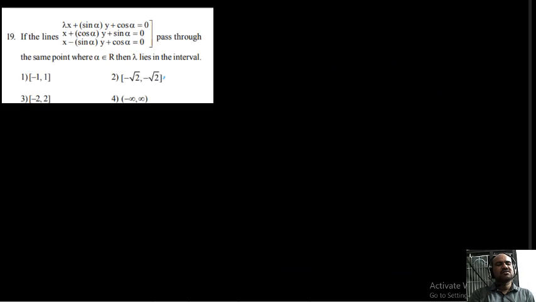Friends, next problem. Here 3 lines are given. The 3 lines pass through the same point where alpha belongs to the real numbers, then lambda lies in which interval. So indirectly the given lines are concurrent lines.